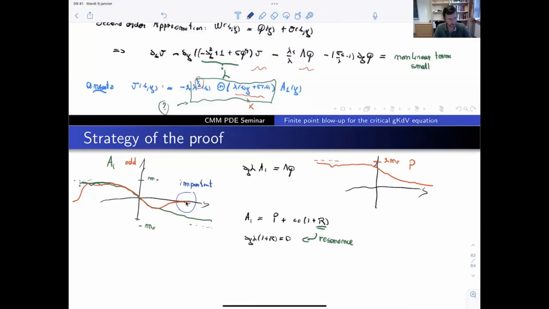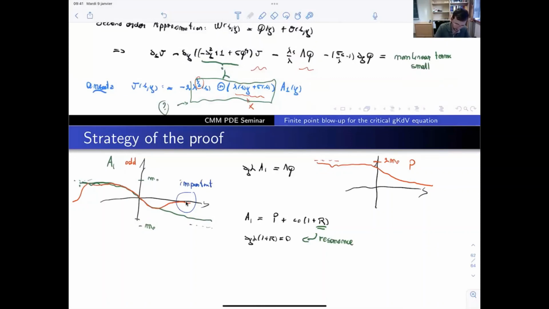Okay, so this is also very important, because I have not told all the story. Of course, what we want is a finite energy solution. So actually we have to do a computation.